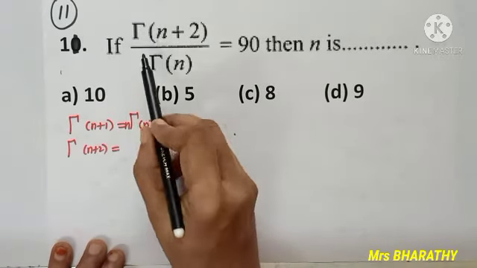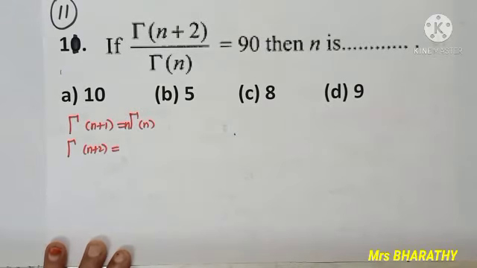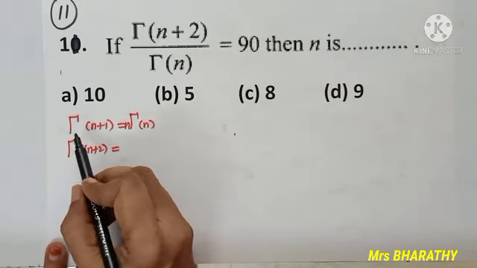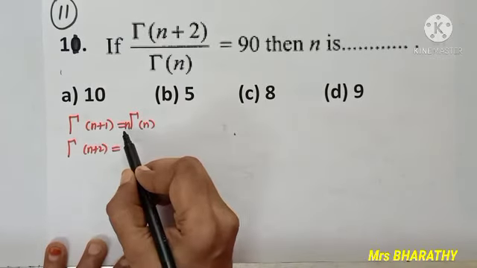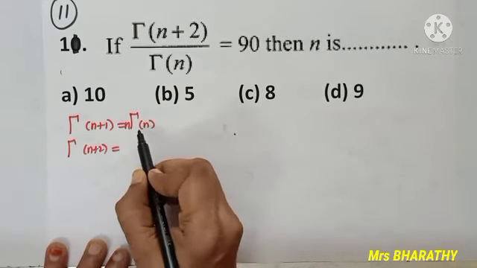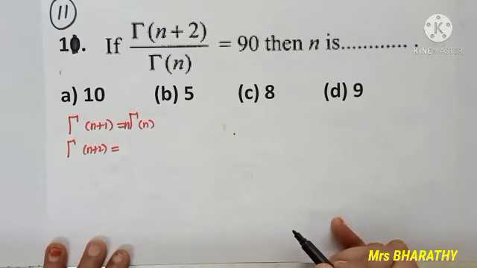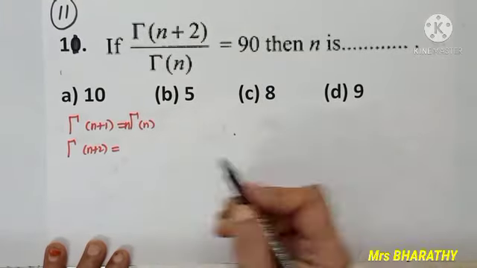Question number 11. Gamma n plus 2 by gamma n is 90. We recall the formula. Gamma n plus 1 is n into gamma n. That is previous number into gamma of the previous number. My question is gamma n plus 2.